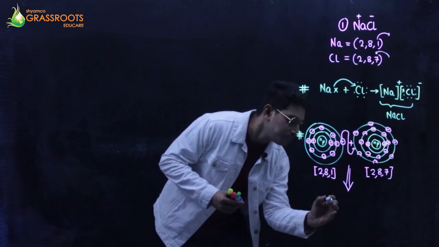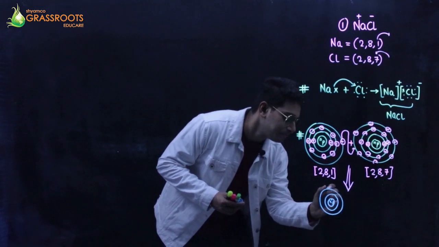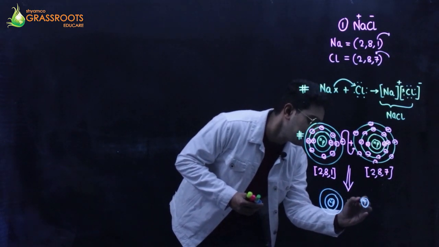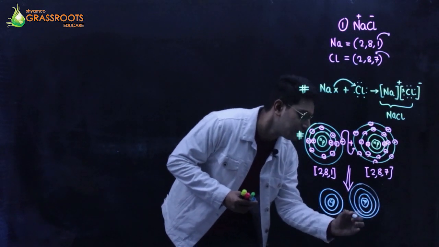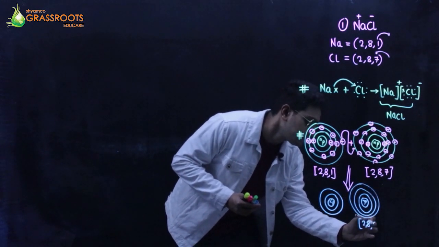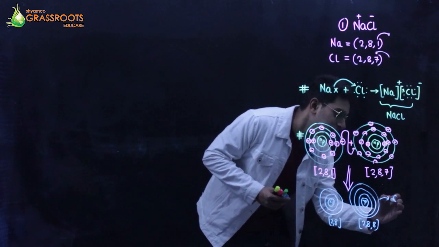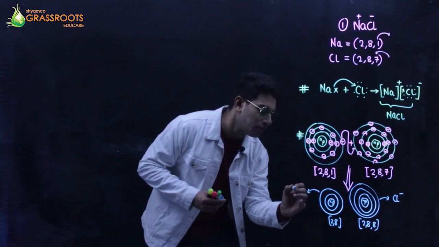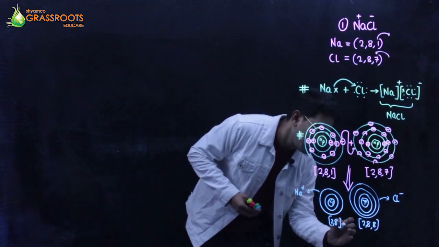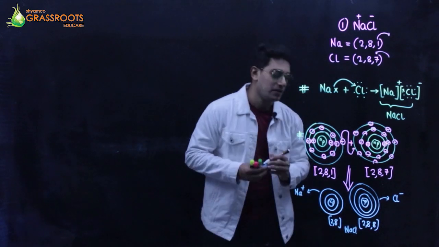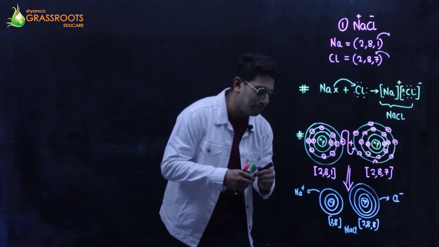So we have the nucleus with 2, 8, and this is going to be the nucleus with 2, 8, 8, and this is simply going to be 2, 8. So basically this is going to be Cl minus, this is going to be Na plus, together forming a bond called NaCl. Okay, so you may just draw the electrons, it's just fine, it's basic.